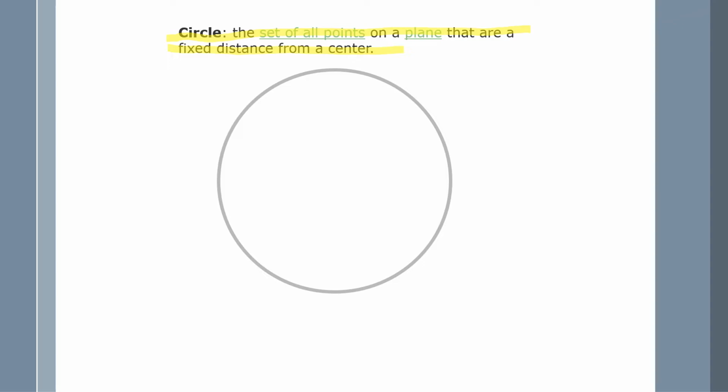So basically, we're talking about the edges of this circle, and we talked about a fixed distance. Again, a circle is a set of all points on a plane that are a fixed distance from the center. So, y'all, what could that possibly be called? Your radius.